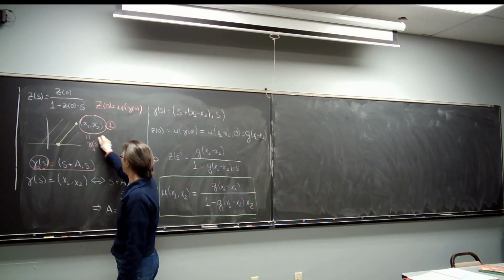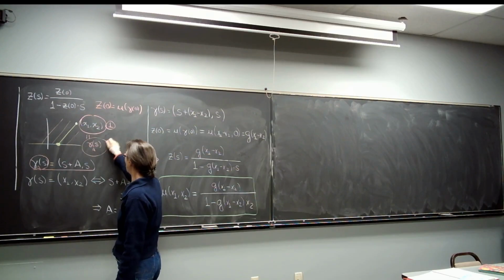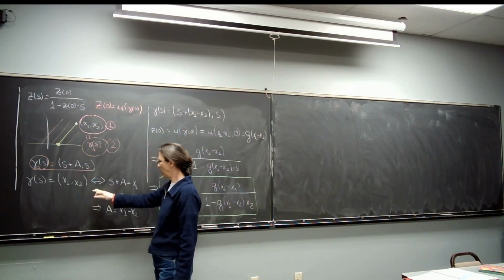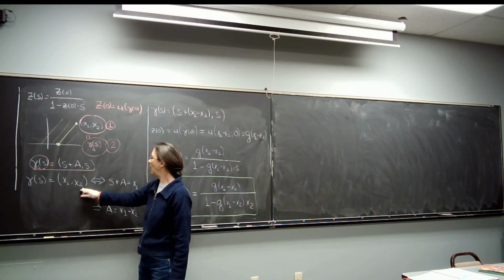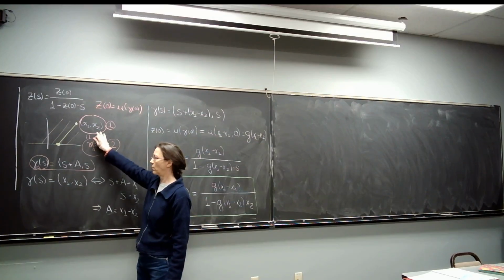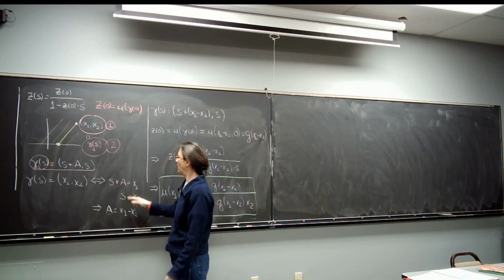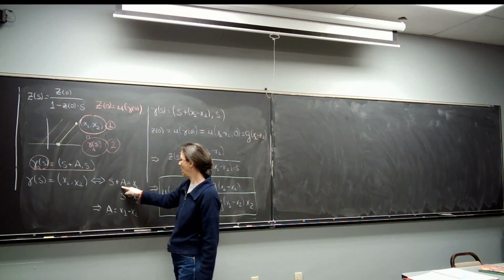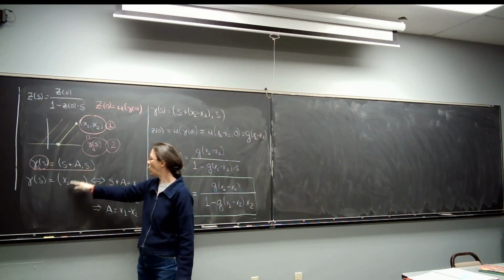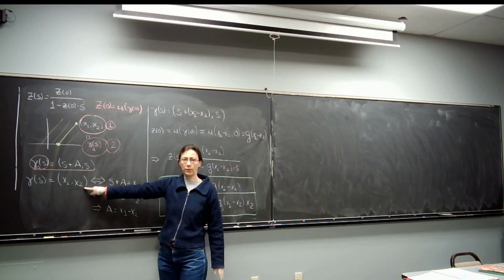I'll write it here. So which curve does it lie on? I want gamma of s to be the curve to reach x1 and x2. And this will happen if and only if s plus a is equal to x1 and s is equal to x2.